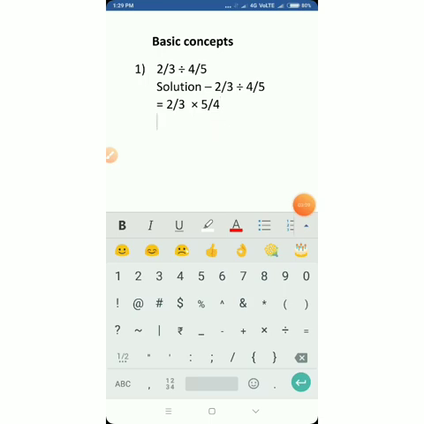Okay, now you can simply multiply 2 by 3 into 5 by 4. The numerators 2 and 5 we will multiply: 2 multiplied by 5 is 10, and the denominator 3 we will multiply with 4, which gives you 12. So the answer will be 10 upon 12.